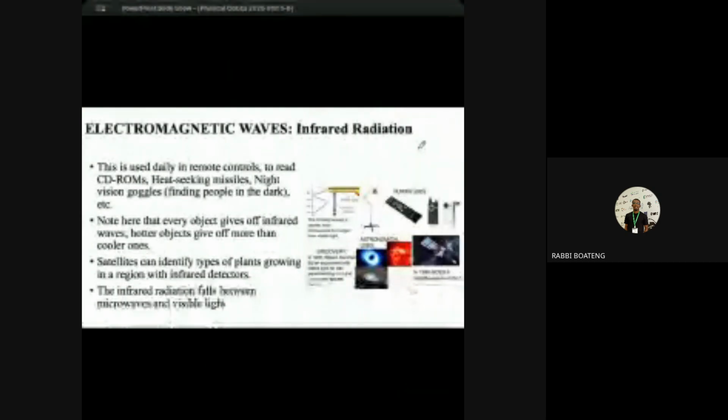Another one is the infrared. I think I spoke about the infrared thermometer, and even the remote that we use, they're all infrared. In fact, every body emits infrared radiation.